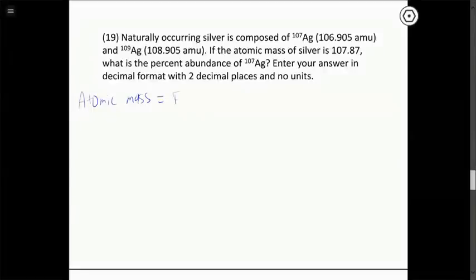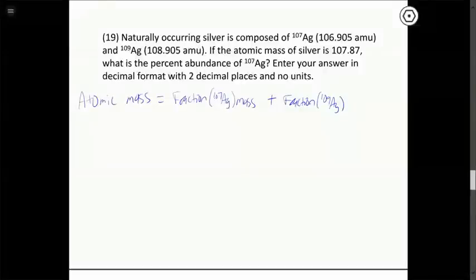So we take the fraction of one isotope, which I'll call 107, so the fraction of silver 107 times its mass, plus the fraction of the second isotope, which in this case is 109, times its mass. These fractions are the fractional abundances of each isotope, the relative amount that we have for each one. All right, so that's the equation.